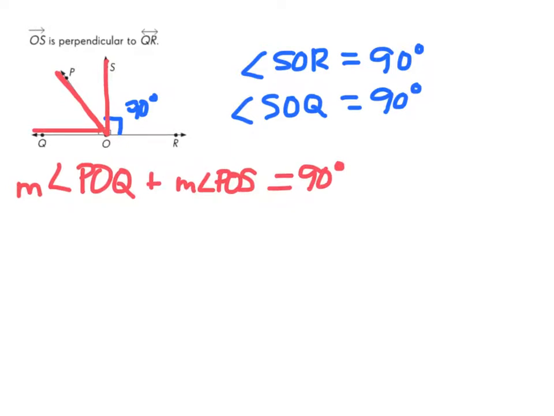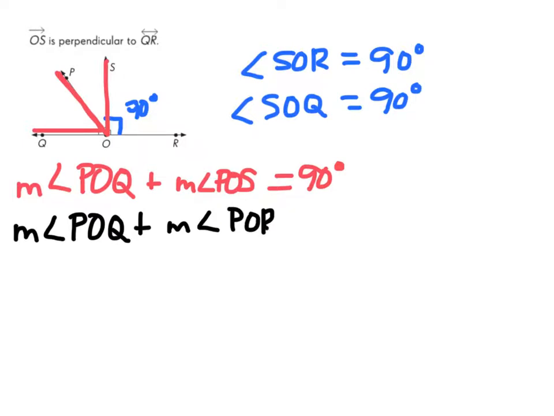We can also see that the measure of angle POQ plus the measure of angle POR, this angle here, will equal 180 degrees because those two angles, when added together, make a straight line.